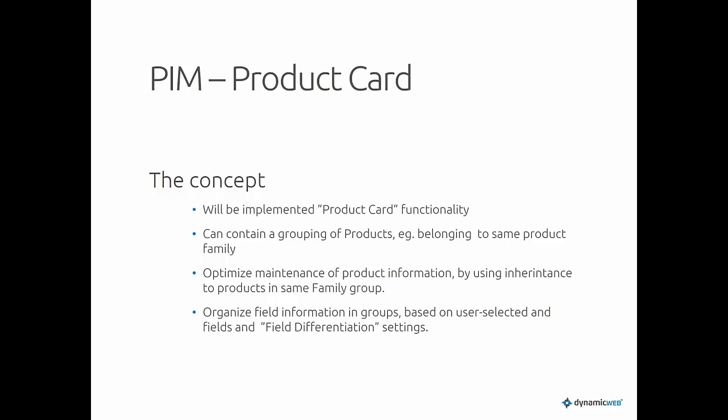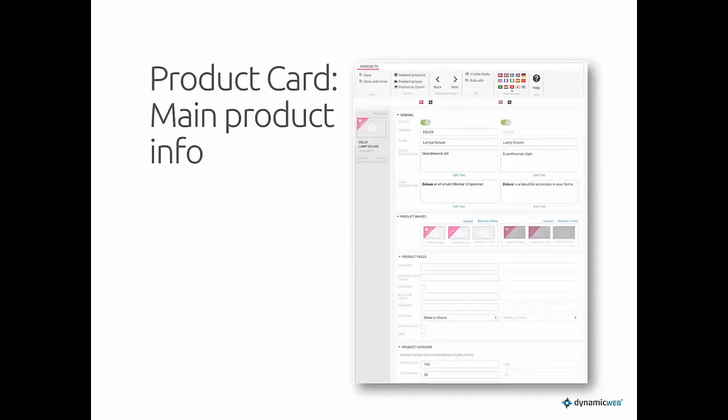So Dynamicweb has a feature about inheriting field values across languages and variants, and that is going to be visible now in the new user interface. So using the configuration of fields, you can organize where the field information is going to be in the UI, and you can also start defining different UIs for different product managers and so on. So this is how the new product information or product card will look.